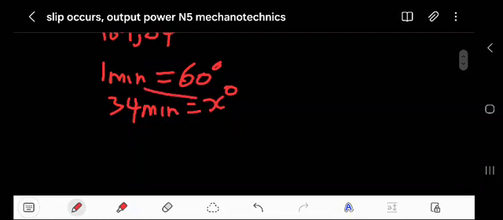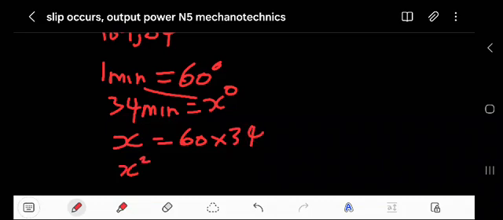Here we have 169 degrees and 34 minutes. That symbol means minutes. What about the degrees? Cross multiply there. X will be 60 multiplied by 34.